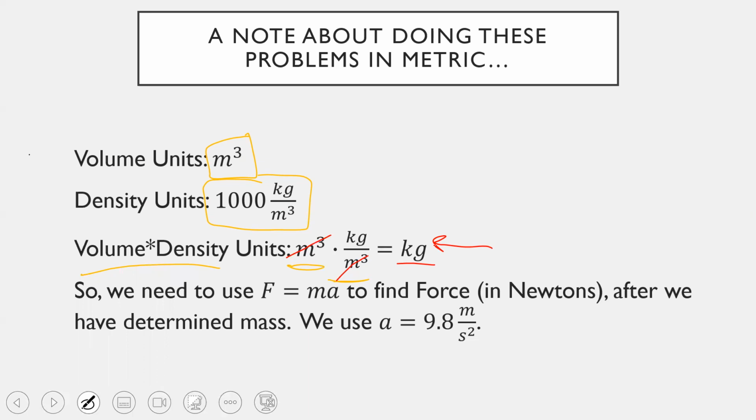In order to do that, once we have this mass value, we need to do an extra step, where we multiply it by acceleration, because you may remember from one of Newton's laws that force is given by mass times acceleration. So we take whatever we get for our mass and multiply by acceleration, which, acceleration due to gravity on Earth is 9.8 meters per second squared. So you need to do the extra step of multiplying by this after you've done your volume times your density.